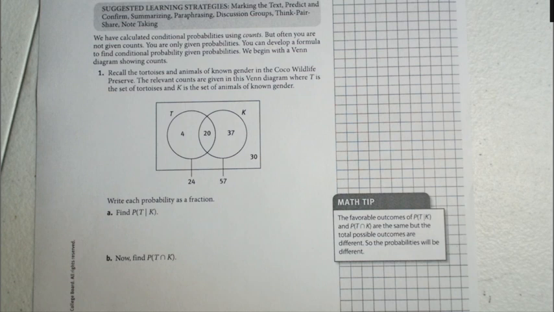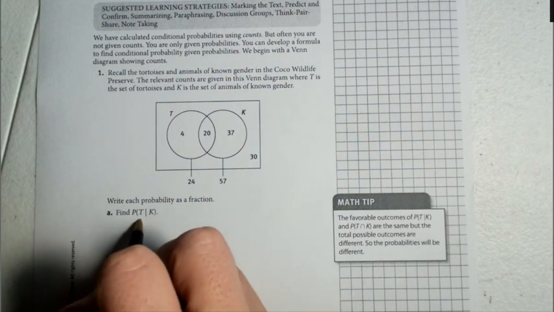Remember, the favorable outcome of T given K and the probability of T and K are the same, but the total possible outcomes are different. So the probabilities will be different. Let's take a look at this.